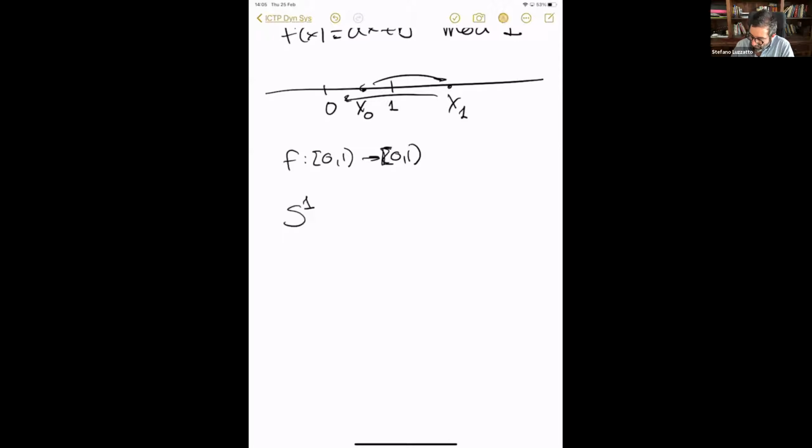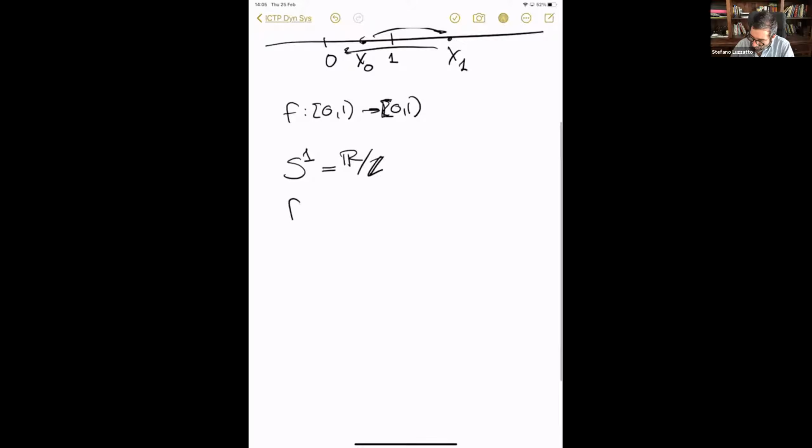I'm not sure if you have ever seen, maybe in the topology course, this notation here. The quotient space. The circle is the quotient space. This is exactly the same thing as taking mod 1. So the quotient space means that you identify all the points whose difference is an integer, and that means that you're just taking exactly the fractional part of the point.